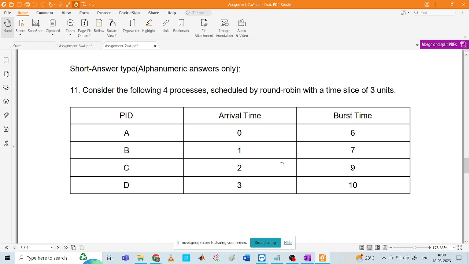After 6 time units B will come out and A is already completed. Then C should be kept, right? Correct.